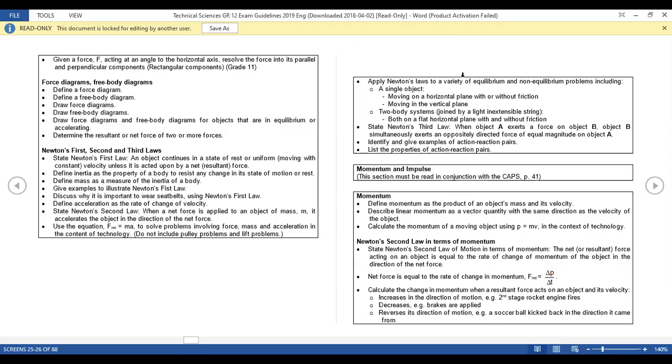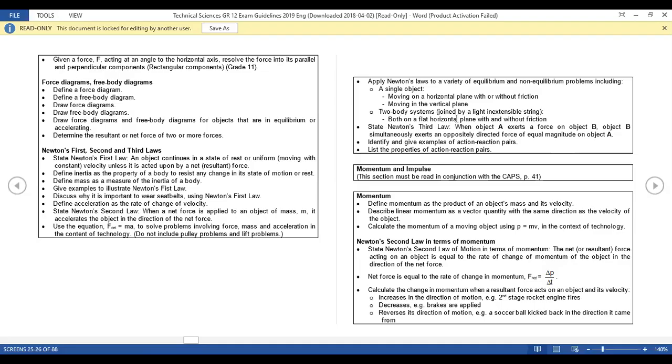And for questions where your net force is zero, meaning the forces are at equilibrium, and also where the net force is greater than zero, meaning non-equilibrium problems, be able to deal with these laws in an object that is moving in a horizontal plane with friction and without friction, as well as in a vertical plane for a single object, and also be able to deal with two objects, a two-body system, where they are connected by a light inextensible string, both on a flat horizontal plane with as well as without friction.